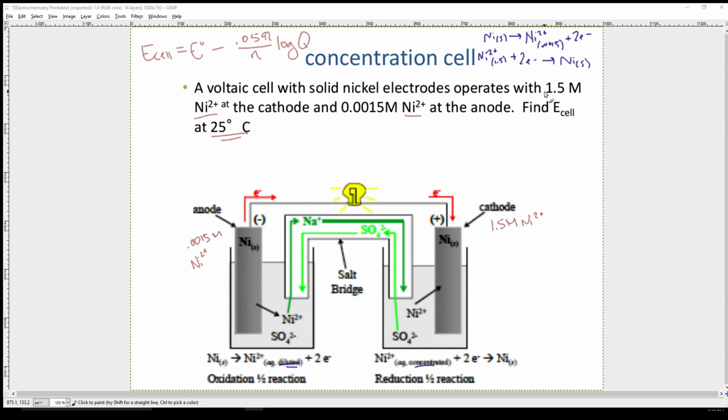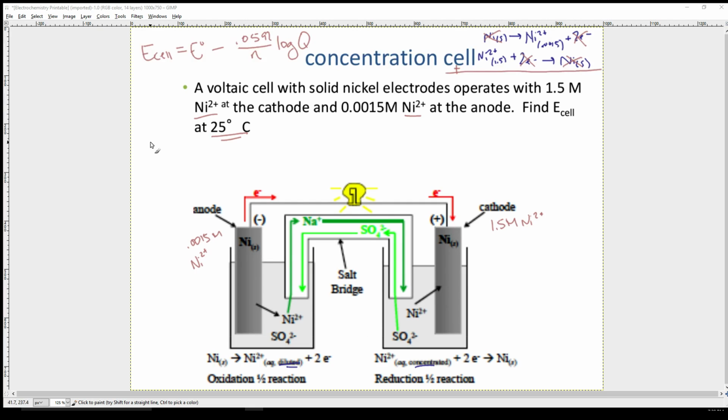solid nickel. So usually when I go to cancel things out in a net ionic, anything that looks the same gets canceled out. So like my electrons, they go away. And my solid nickel, that gets canceled out too. However, these two nickel 2 pluses are different because their concentrations are different. And so that's actually what's left behind in my net ionic.